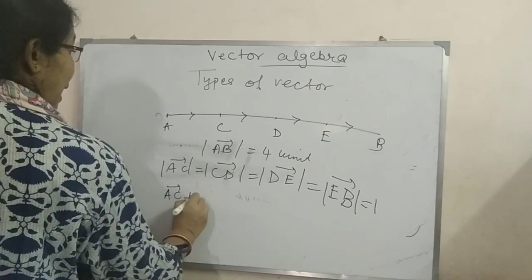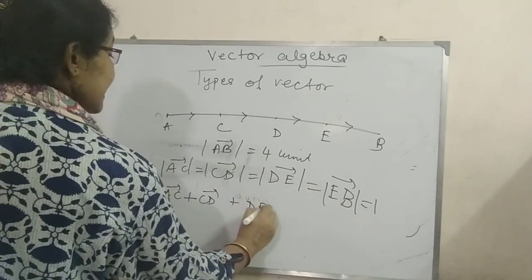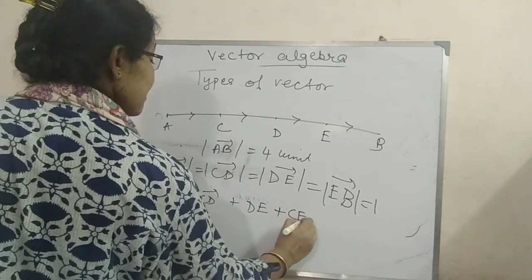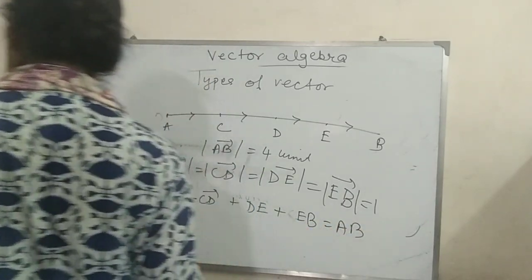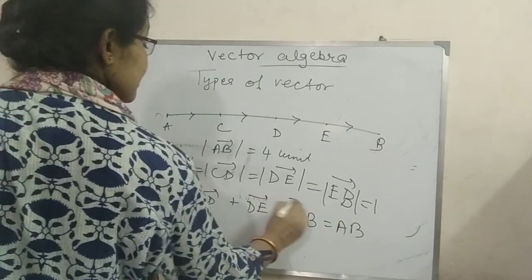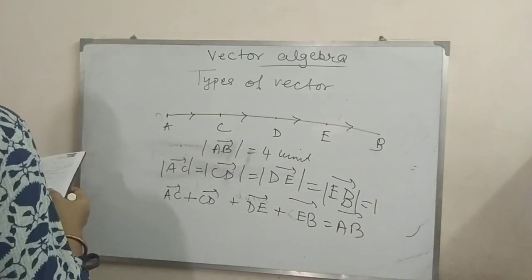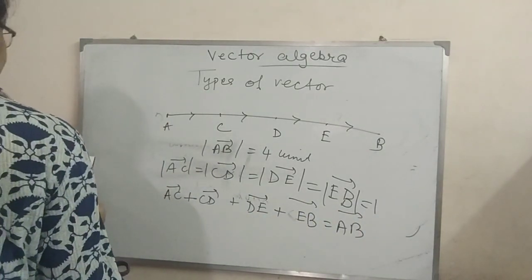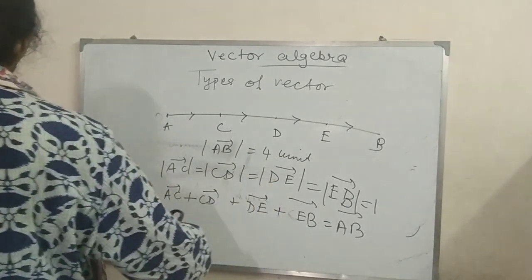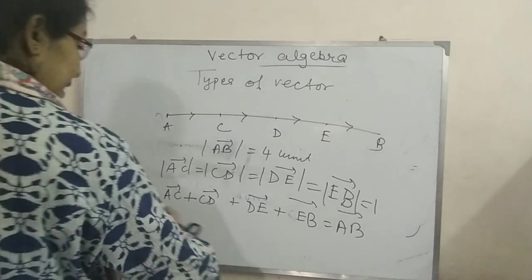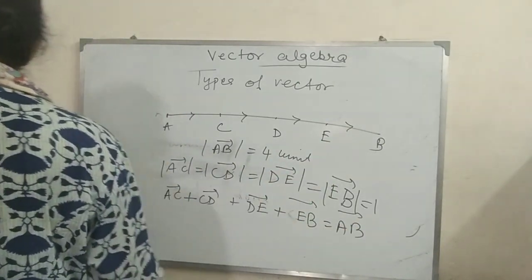AC plus CD plus DE plus EB equals vector AB. AC, CD, DE are all unit vectors in the direction of AB.